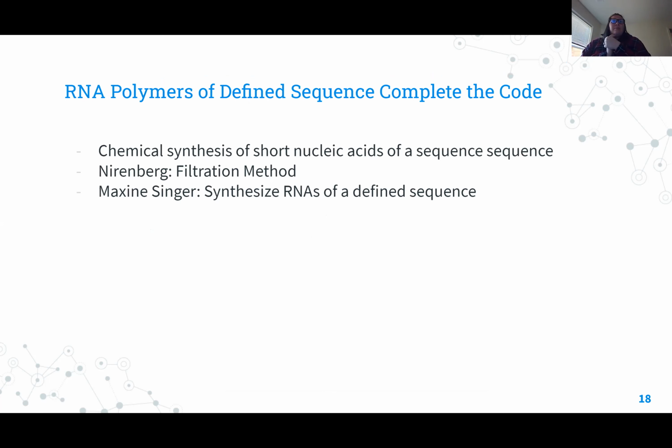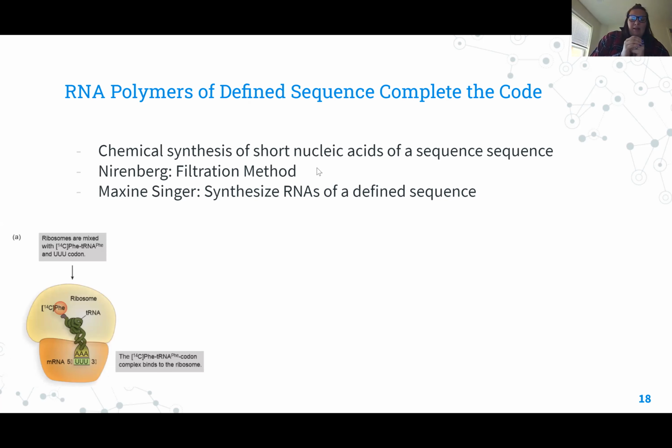So Nirenberg was back at it as he discovered a way to identify an amino acid associated with a short synthetic codon. So he's still kind of using the same first experimental setup, but there was one major change. He found during protein synthesis, the nascent protein, aka this protein being created, stayed attached to the ribosome.